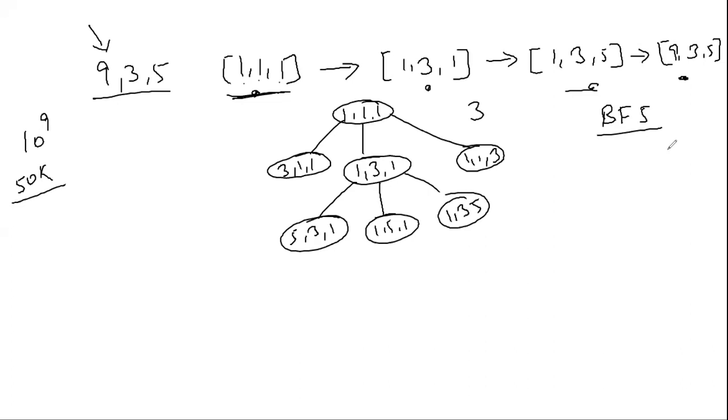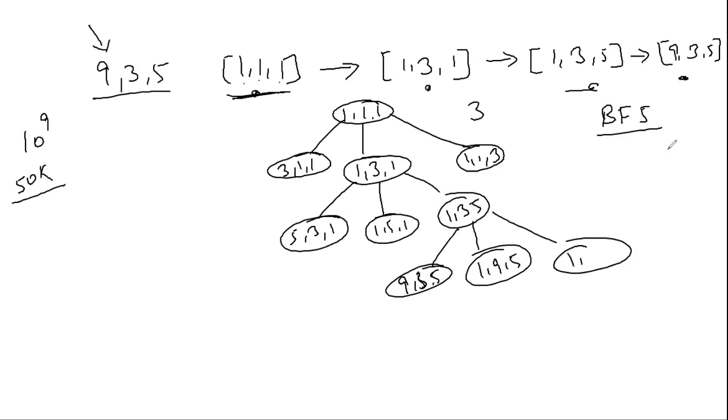And then let's start from here. So 9 3 5. I can't write that well on this, but anyway. 1 9 5 and 1 3 9. And similarly, these guys will have their own 3 children, and it will keep going on.